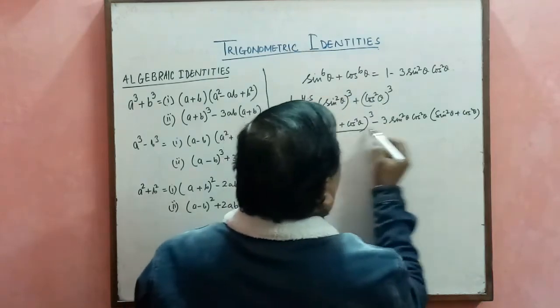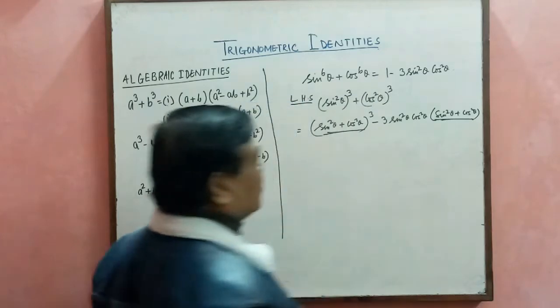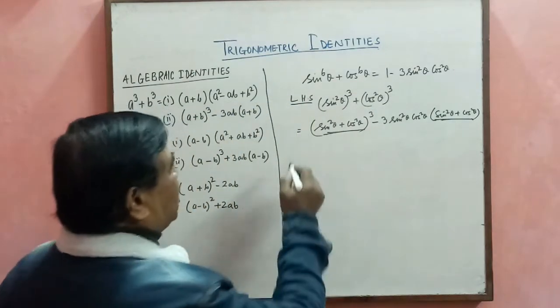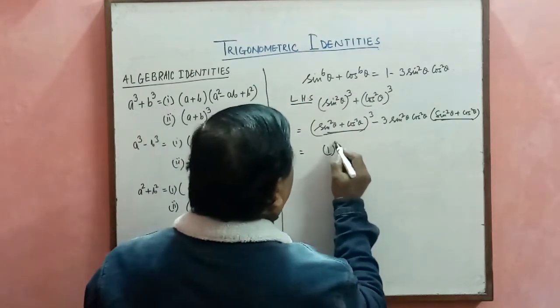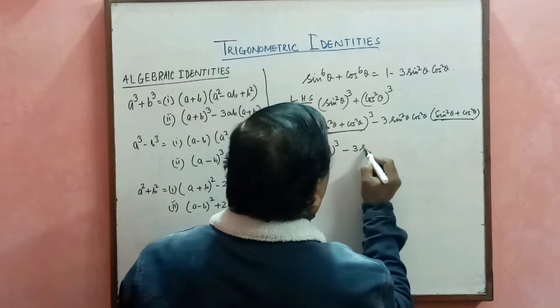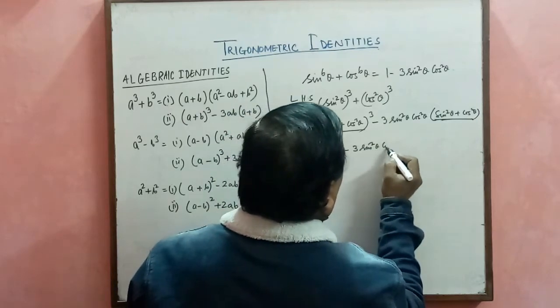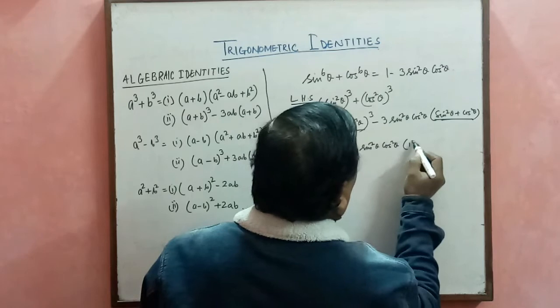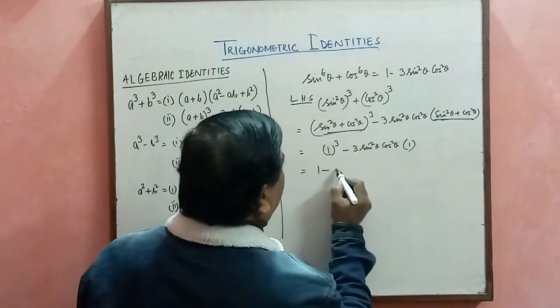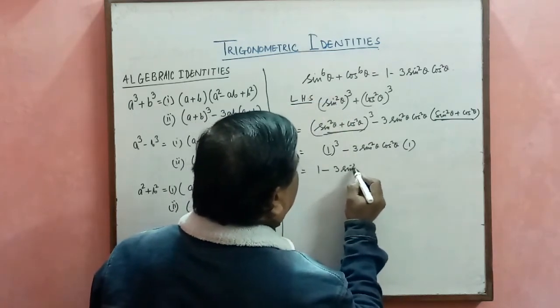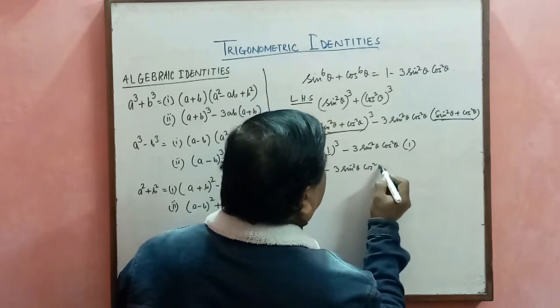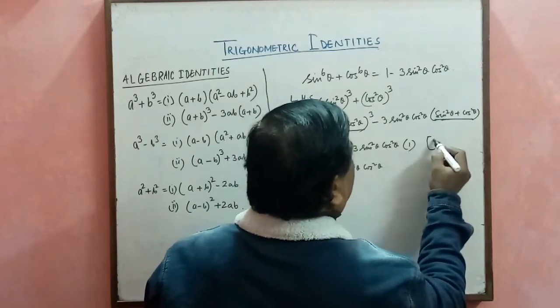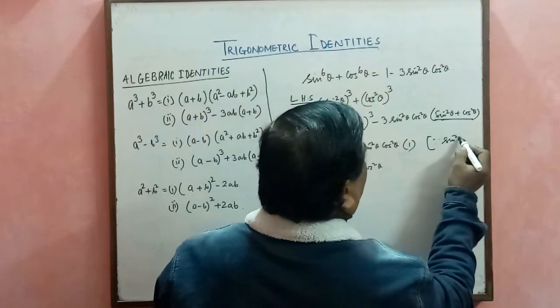Here we have 1 in trigonometry. So now you see this is 1 cube minus 3 sin square theta cos square theta into 1. So ultimately we are having 3 sin square theta cos square theta, since sin square theta plus cos square theta is 1.